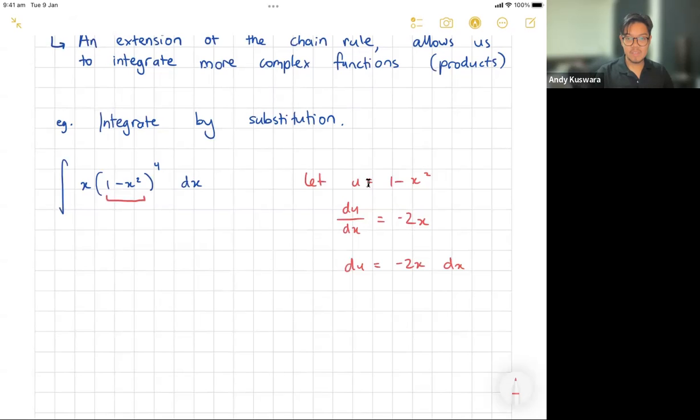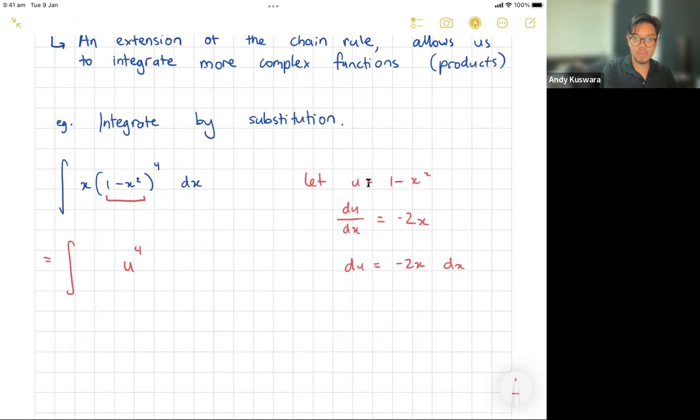So what we're going to do now is replace a couple of things that we do know. I'm just going to rewrite it. This is going to be the same thing as u to the 4, but that x there, I want to put in dx, so it's just going to be half dx.